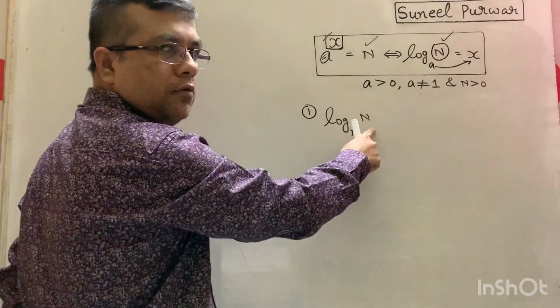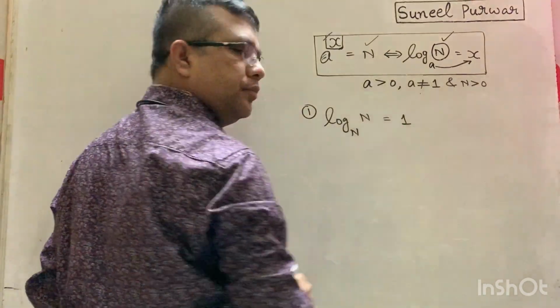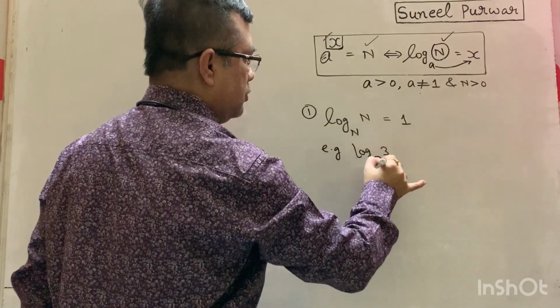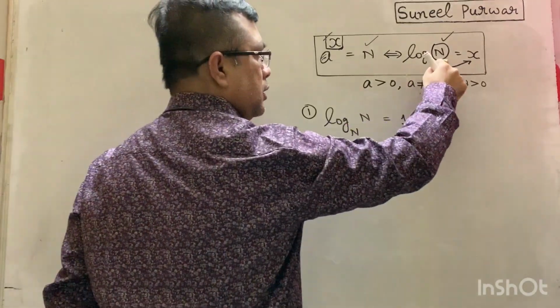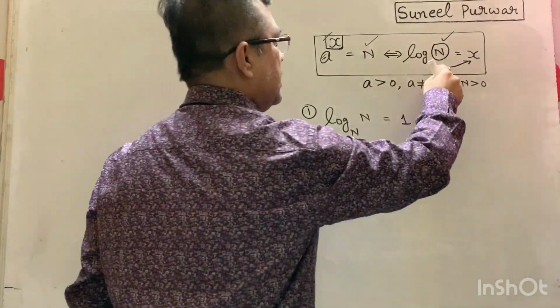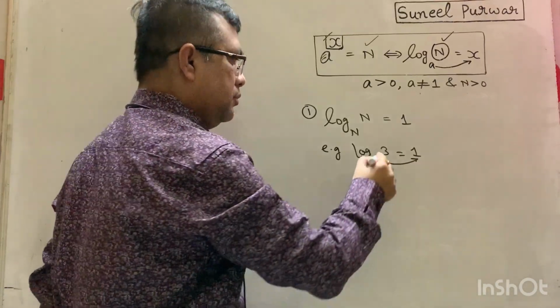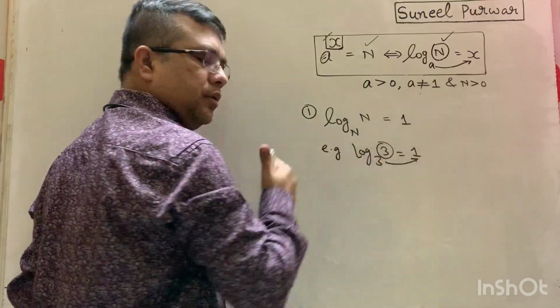So log of a positive number at the same base is always equal to 1. For example, log of 3 to the base 3 is 1. You can always verify using this arrow. 3 power 1, how much is that? 3. That's correct. 3 power 1 must be equal to this number. It is.